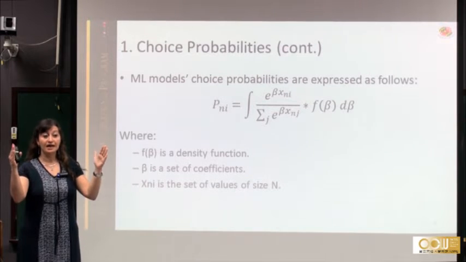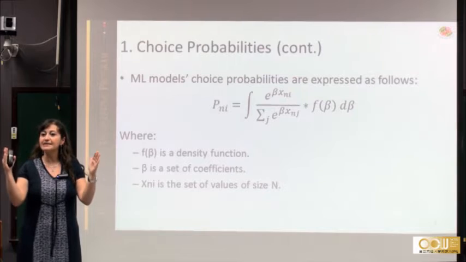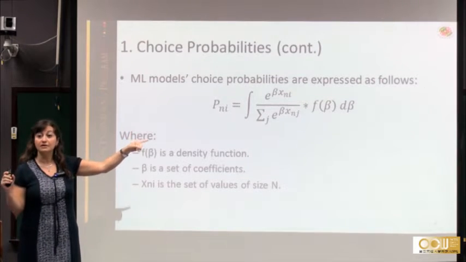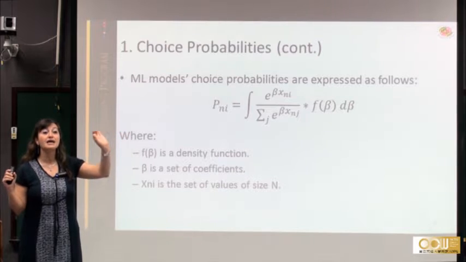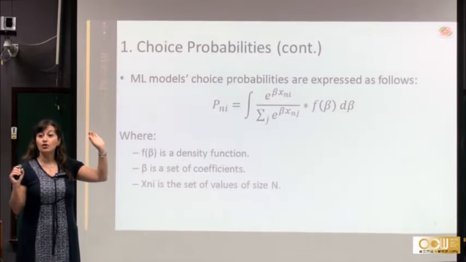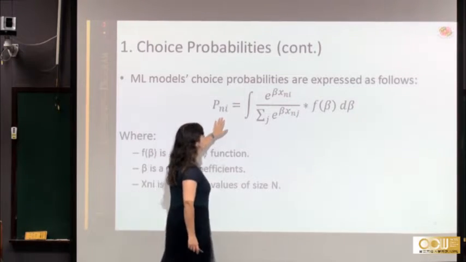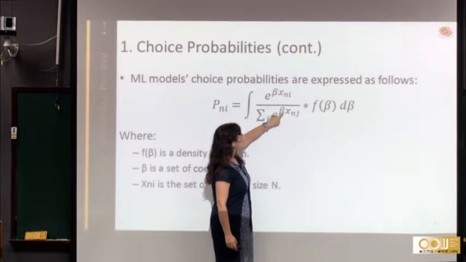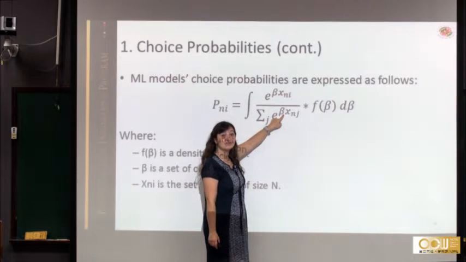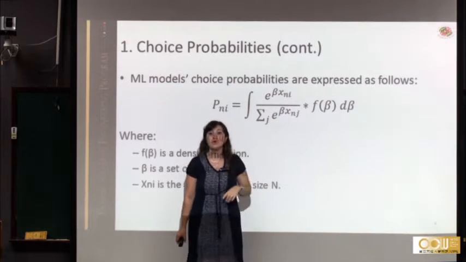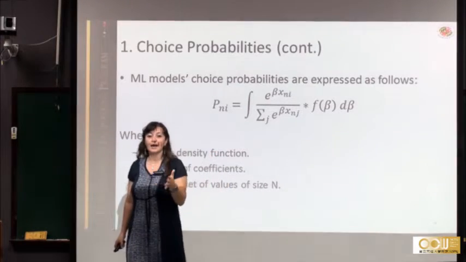Remember that we had to estimate this covariance matrix, and the covariance matrix is a function of the number of alternatives. I made the calculation on the board of how many coefficients of the covariance matrix we can estimate. Here the dimensionality depends on the number of random coefficients, or random components, that you have in your model. You can have one, you can have two.